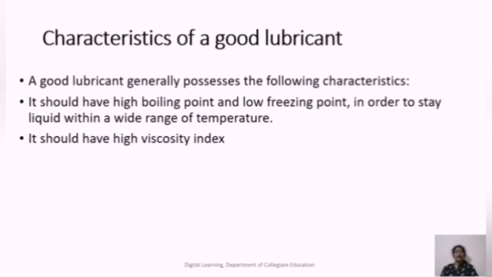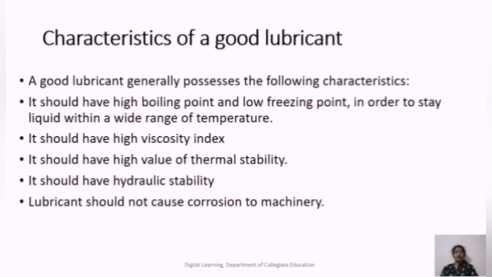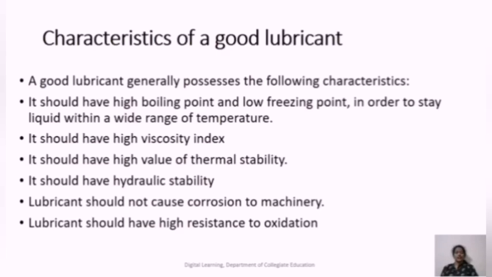It should have a high viscosity index. It should have a high value of thermal stability. It should have hydraulic stability, and lubricant should not cause corrosion to machinery. And lubricant should have high resistance to oxidation. These are all the characteristics of a good lubricant.